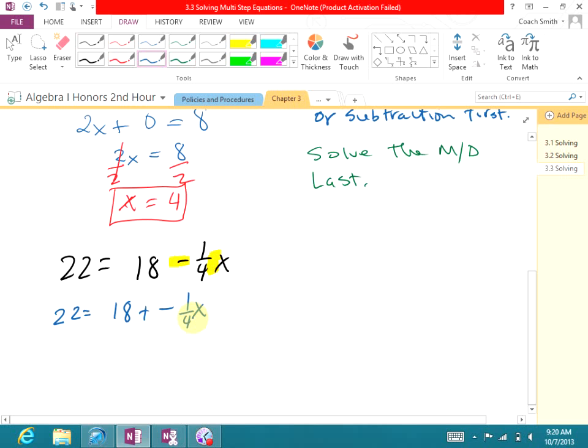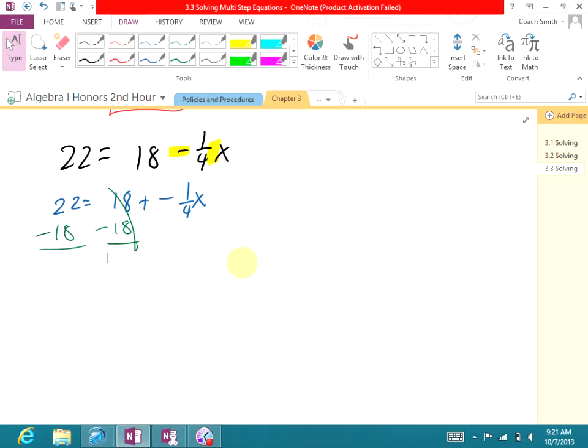The reason I'm going to do that is to make sure that I do the right inverse operation. Okay? The correct inverse operation here would be to do what first? Subtract what? Subtract 18 from both sides. That cancels. Okay? 22 minus 18 would be what? 4. So 4 is equal to negative 1/4 x.